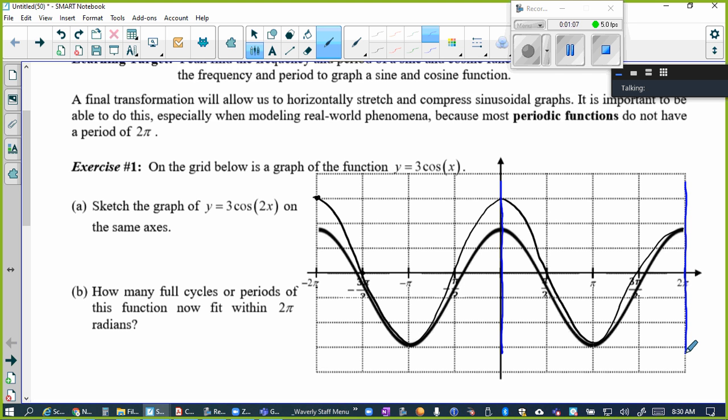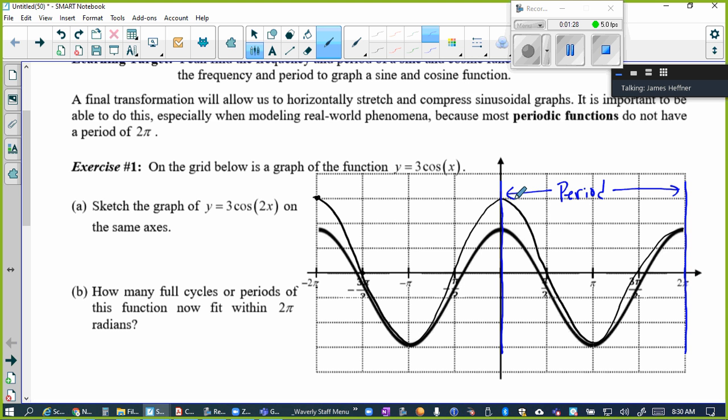That interval where it makes one cycle is called the period. So the period is from here to here, from 0 to 2 pi. Everybody with me on that? Or we could just say the period equals 2 pi.